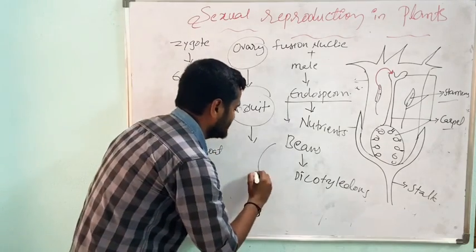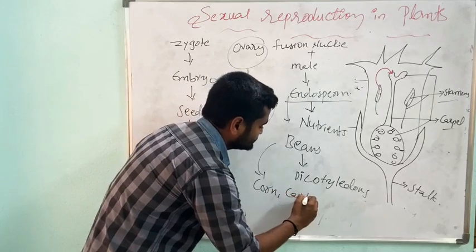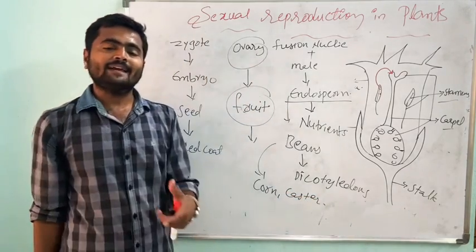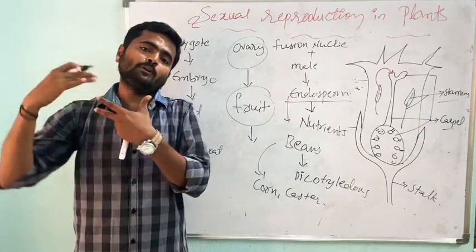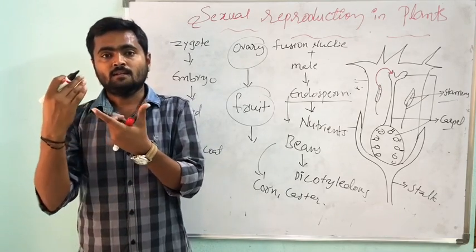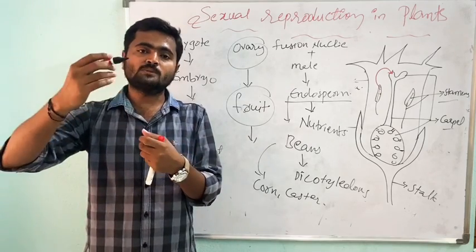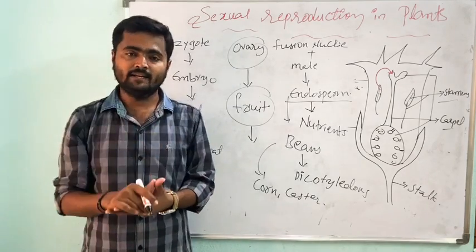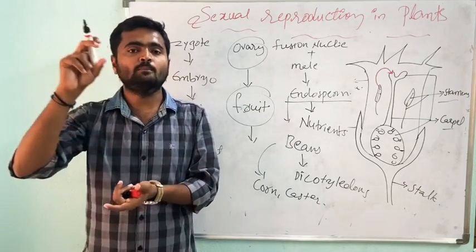But in some plants like corn and castor, the endosperm develops with the seed, and during the embryo stage and even the development stage, the endosperm surrounds the seed and also supplies the food material to the seed during embryo development.